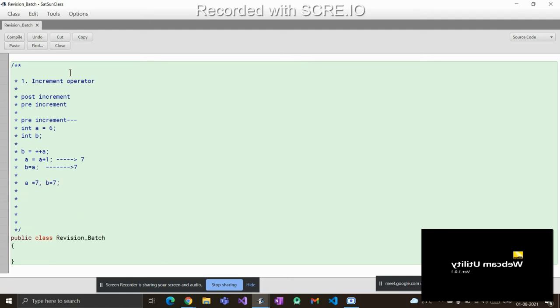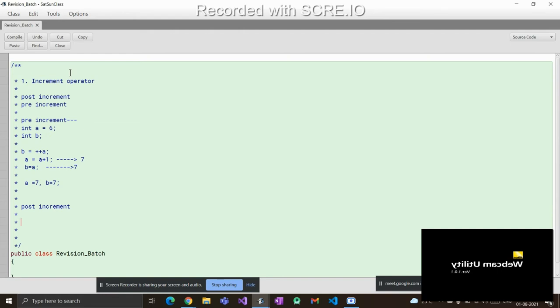Now what do you mean by post-increment? In post-increment, let's take the same example. If I have int a equal to 6 and int b with me, and over here, attention, I write b equal to a++.